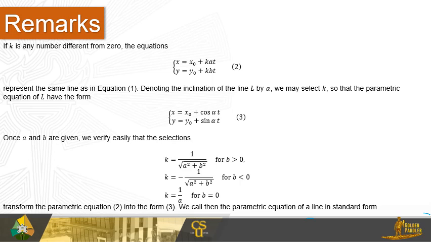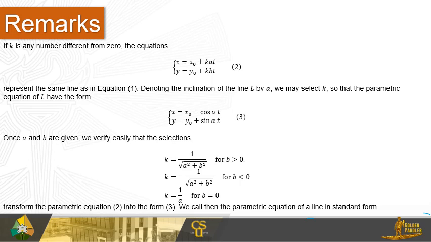Okay. So after a theorem we have here a remark. This is about how to make a standard equation of a parametric equation of a line. So, standard form equation of a line in parametric form.